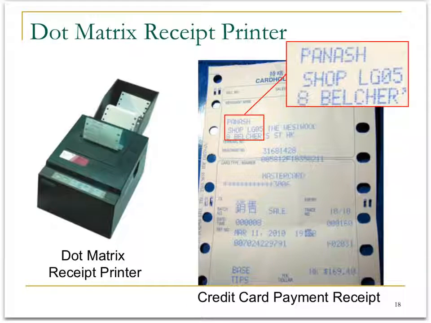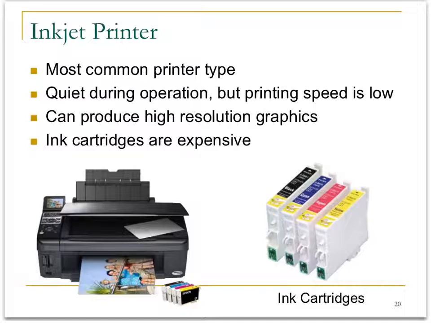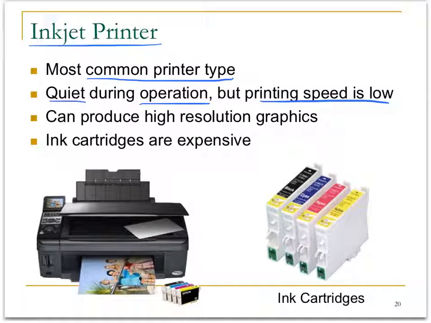Okay, the next type of printer will be the inkjet printer, which is commonly used even nowadays. It is the most common printer type, and it is quiet during printing, but the printing speed is very slow. It can be used to produce high-resolution images or graphics, but the ink cartridges are very expensive.